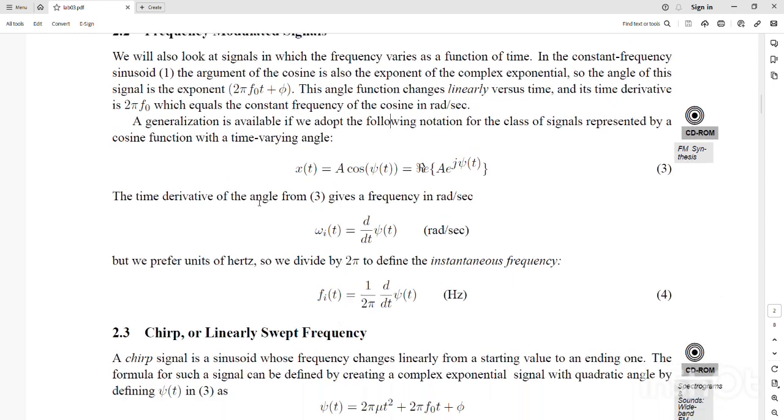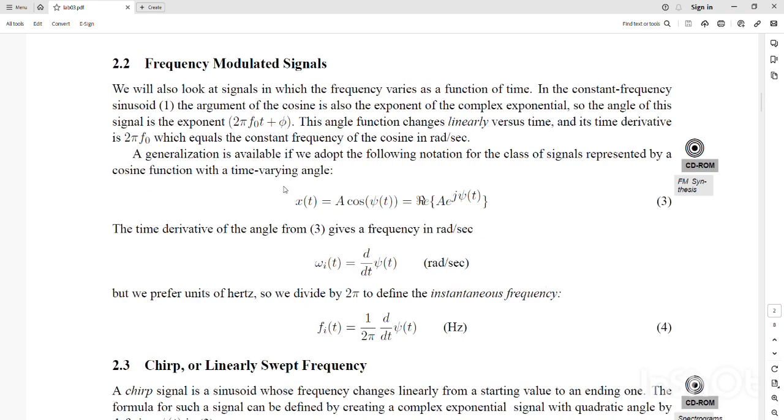So in general, if the equation is like this, a cos psi(t) equal to the real part of this exponential term, then the derivative of this angle gives you the instantaneous angular frequency omega_i equal to the derivative of psi(t), and that is in radians per second.